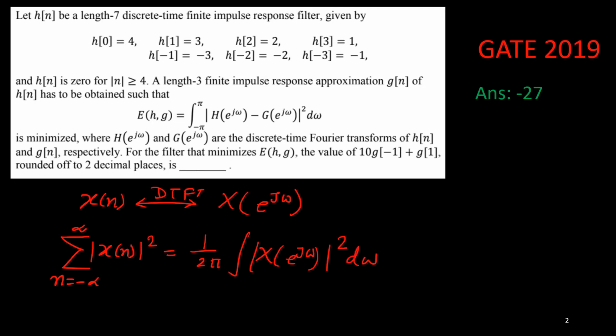So it is over one period of 2 pi, and that we can consider from minus pi to plus pi. That is no harm. Okay, so this is from Parseval's relation.